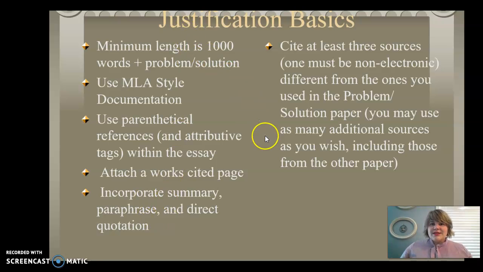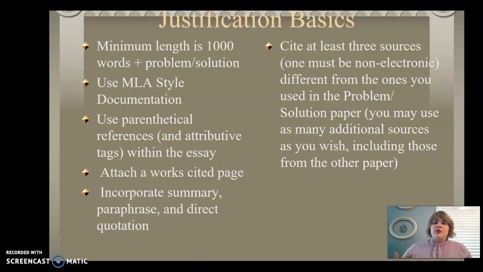So 3 sources that are different from the sources you used in the problem solution paper. And then, of course, if you want to go beyond the 3, that is absolutely okay. And you can also, if you have information from the sources you used in the problem solution paper that would benefit and work well in the justification paper, then absolutely re-employ those sources throughout the whole paper.